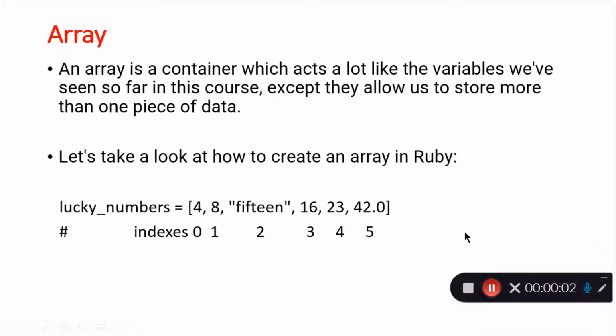Now, let's have a look at the array. An array is a container which acts a lot like the variables we've seen so far in this course, except it allows us to store more than one piece of data. Let's have a look at how to create an array in Ruby. We create an array called lucky_numbers, including integer 4, integer 8, string 15, integer 16, integer 23, and decimal number 22.0, with the corresponding indexes 0, 1, 2, 3, 4, and 5.